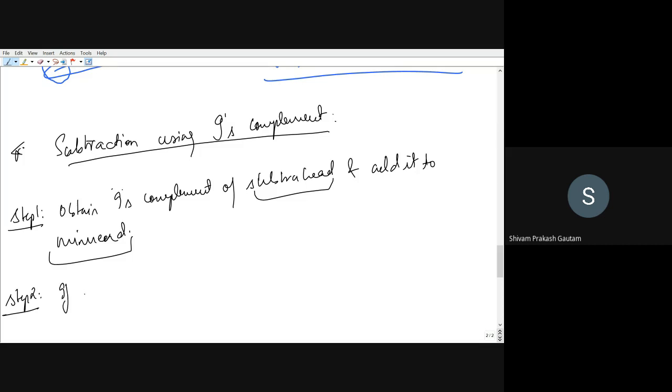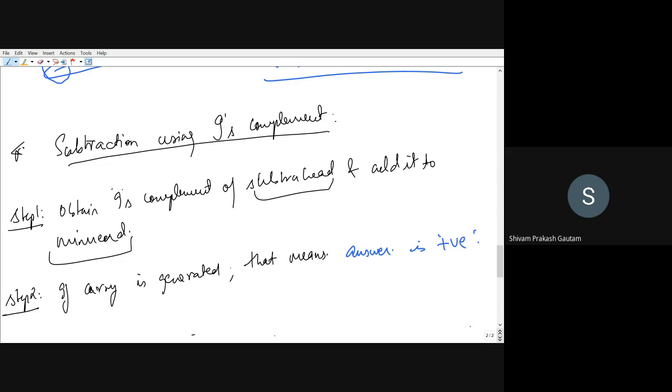Step 2: if a carry is generated, meaning when you add the 9's complement of the subtrahend and the minuend and a carry is generated, it means the result is positive.